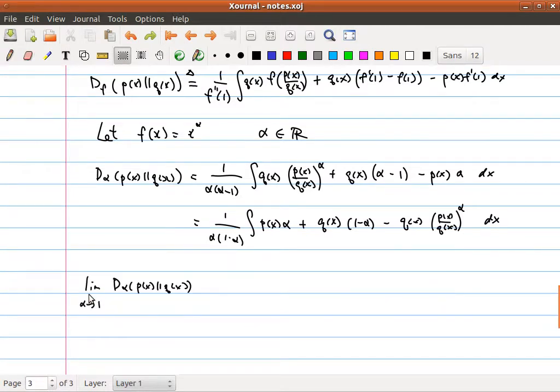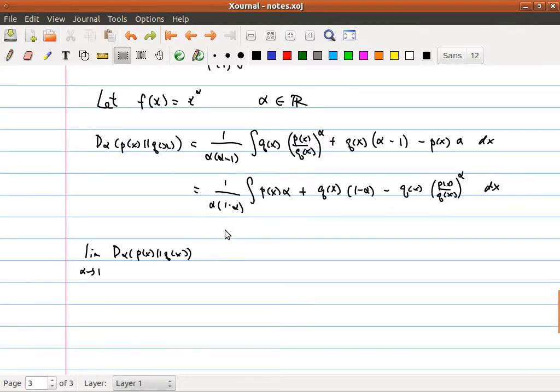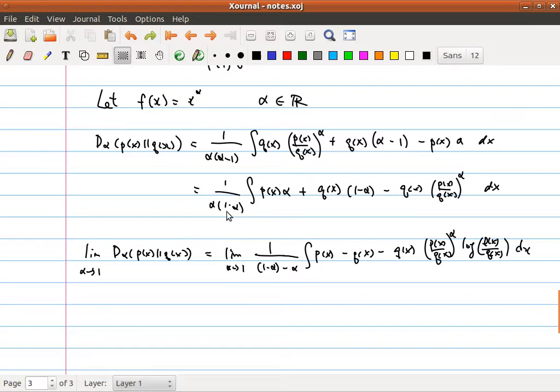In particular, it's interesting to see the alpha divergence for different alpha values. For example, for alpha equal to 1, it's not exactly defined, as I have a denominator here which goes to 0. But I can take the limit and use L'Hospital's rule. We take the derivative of both the denominator and the numerator.